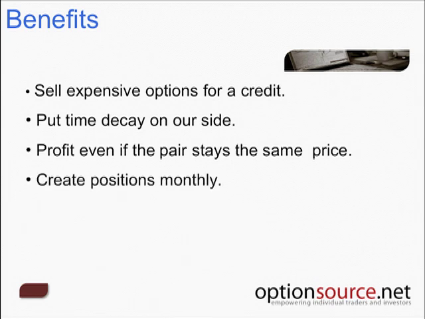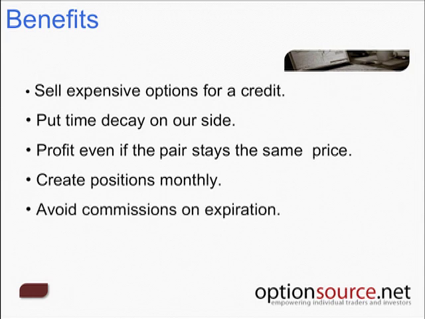So it's a great way to take advantage of a currency that is range bound between a key support and resistance level. We create positions monthly because options expire very quickly, and the rate of time depreciation accelerates within the last month of options expiration. If we can create these positions month over month, we can generate cash flow month to month.